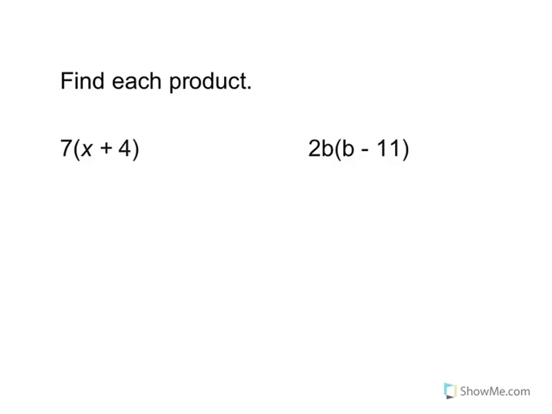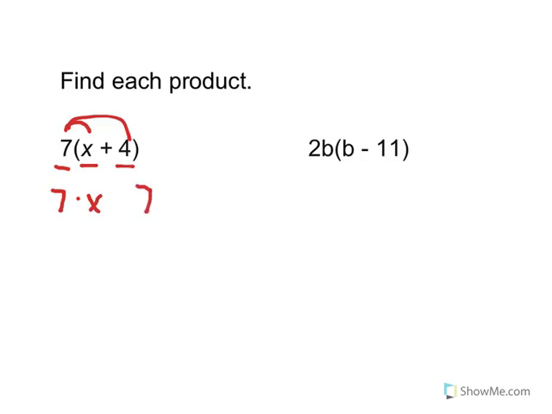In this first one, we're taking a single term, as in 7 times these two terms, the x and the 4. So we're going to take the 7 times the x and the 7 times the 4. Now, I'm not going to write this out every single time, and you don't have to either. But basically, you're going to take 7 times x, and you're going to take a positive 7 times a positive 4.